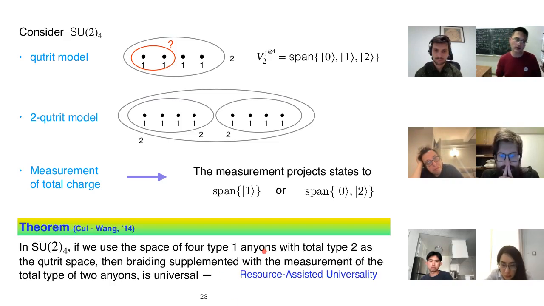A fairly old result we can show is that if you allow this total charge measurement, then the system is universal for quantum computing. And we call such a type of universality a resource-assisted universality.